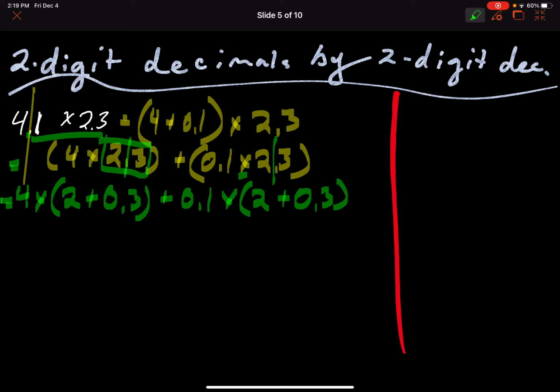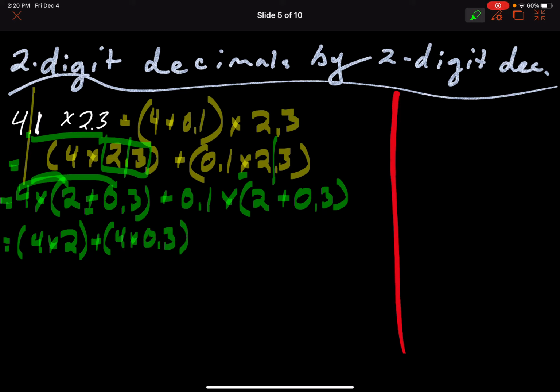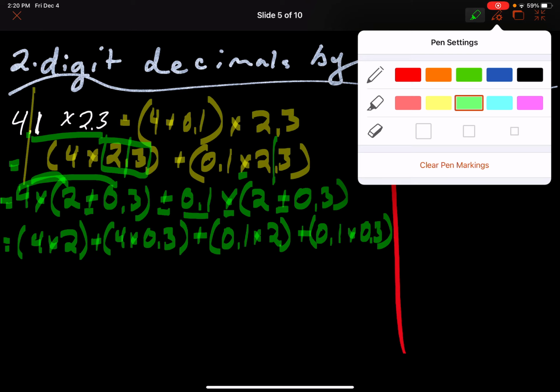And then I can rewrite 4 times the 2 plus 4 times 3/10 plus 1/10 times 2 plus 1/10 times 3/10. And now I can work my way through one at a time.